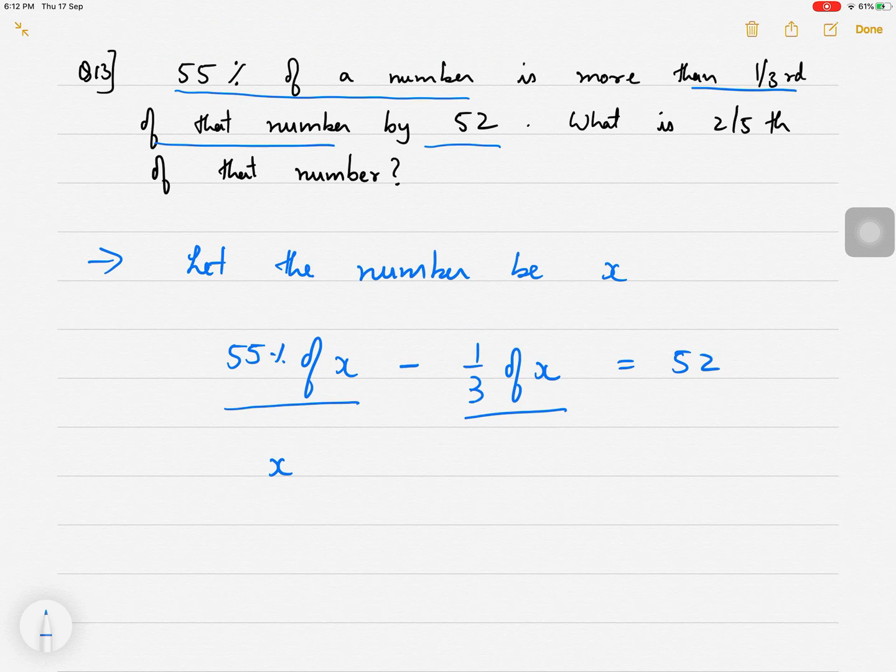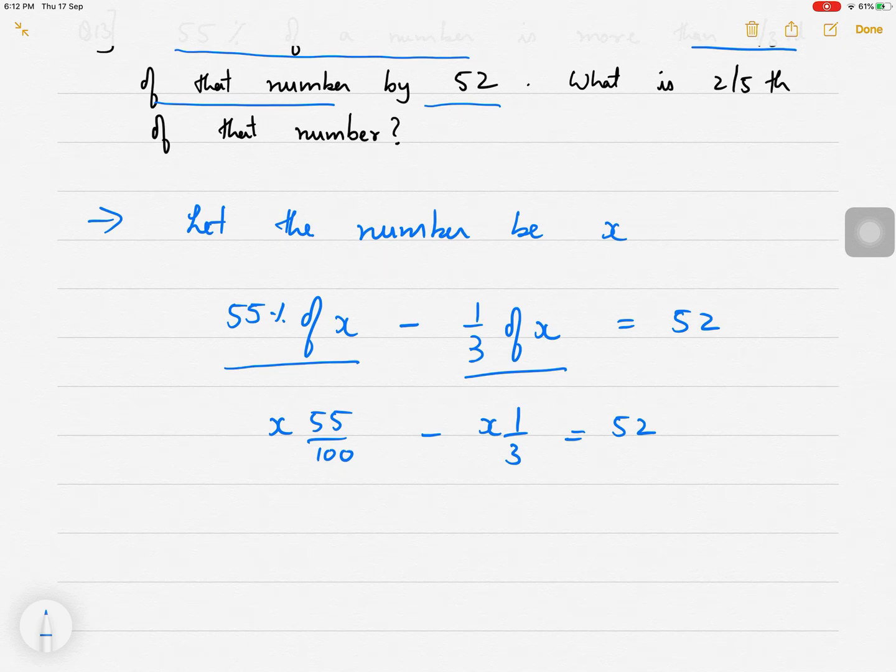So x into 55 by 100 minus x into 1/3 is equal to 52. Now you have to solve this. I want to find the value of x, so I want to take x out. To solve this, I will make sure the denominator is same. So how can I make the denominator same?